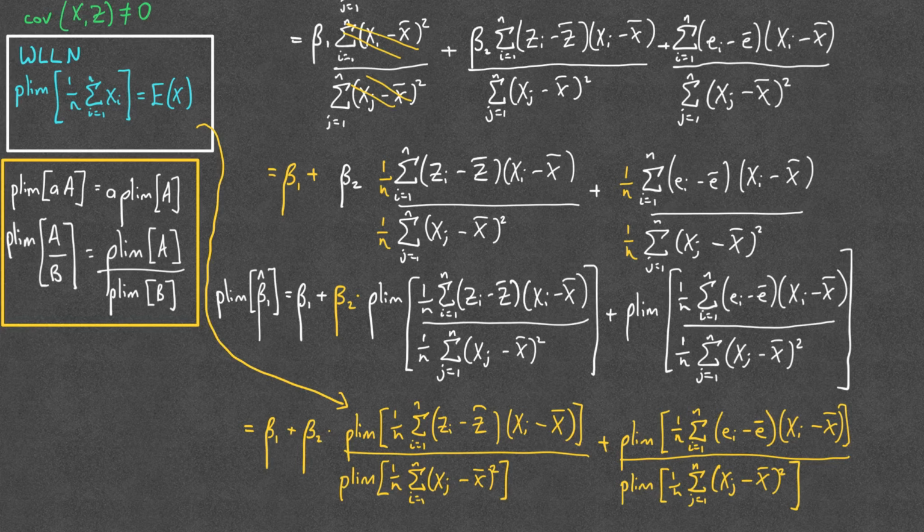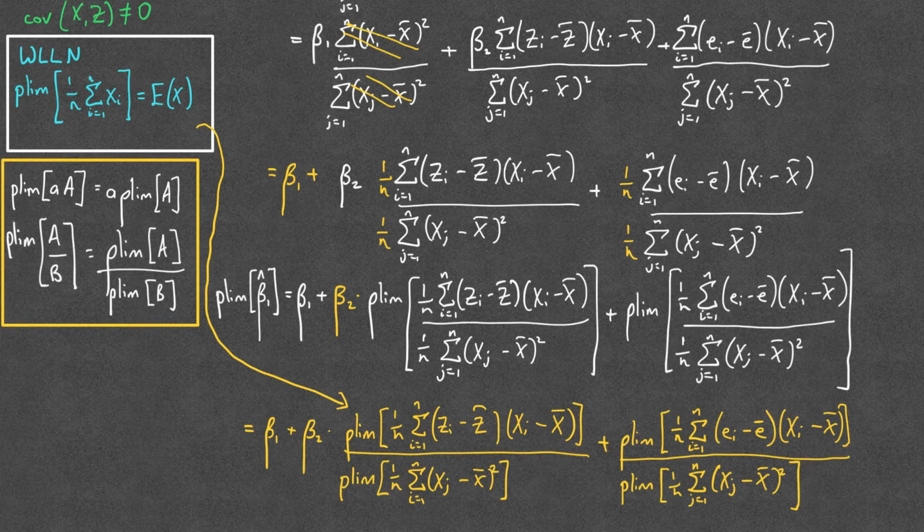But what it means is that anywhere within our p-lim where we have a sample mean, that's going to convert into an expectation. So we've got some sample means explicitly labelled, but also whenever we're taking 1 over n times the sum, we're explicitly taking a sample mean. So anywhere where we've got a sample mean, effectively we're going to replace it with an expectation.